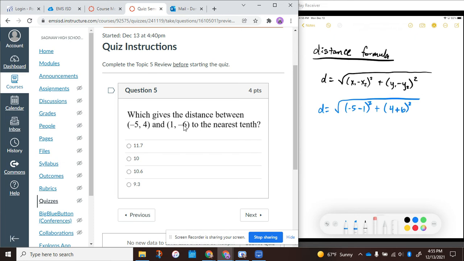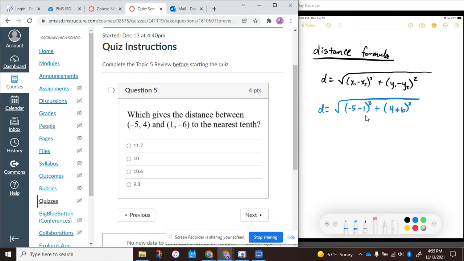After you have those numbers, you could plug that into the calculator exactly how it is, but that's not a requirement. In fact, I recommend simplifying as much as you can. We already know off the top of our heads that -5 minus 1 is going to be -6.